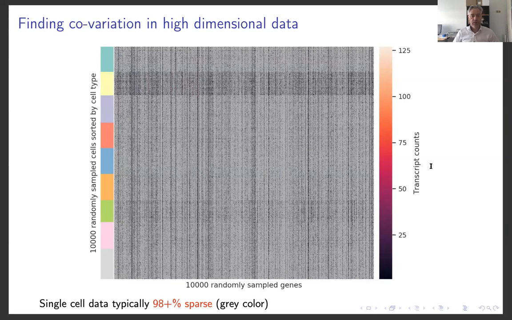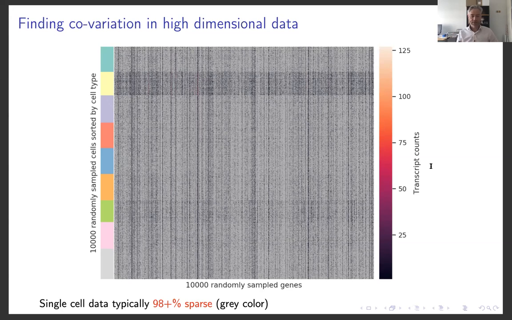What you see here on the x-axis in the columns are all the different genes, and the rows are each of the cells that we have recorded the gene expression from. All the gray is zeros, so those are the specific genes that we haven't counted in a specific cell, and the blacker stuff is expressed genes.